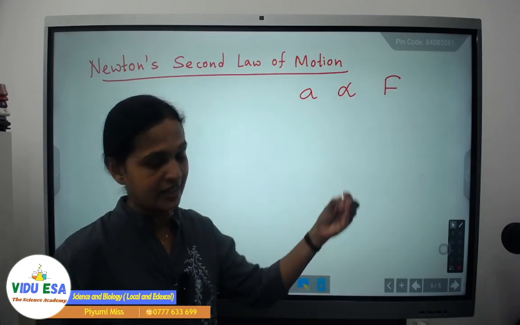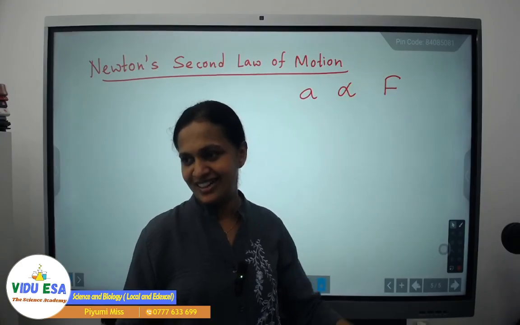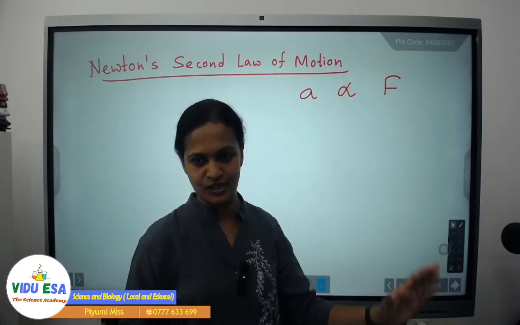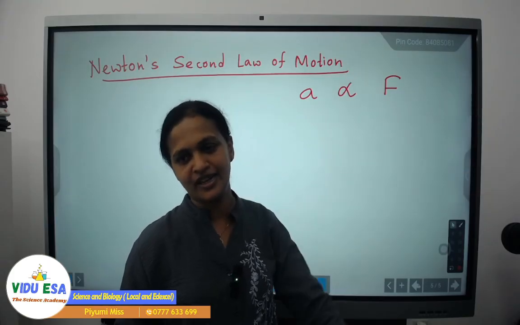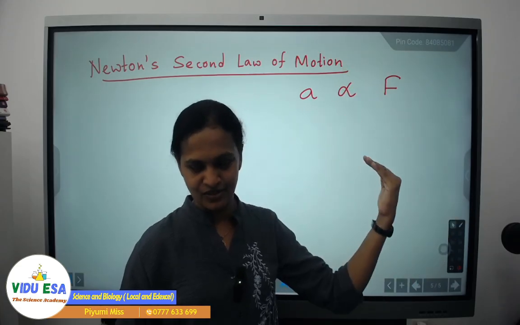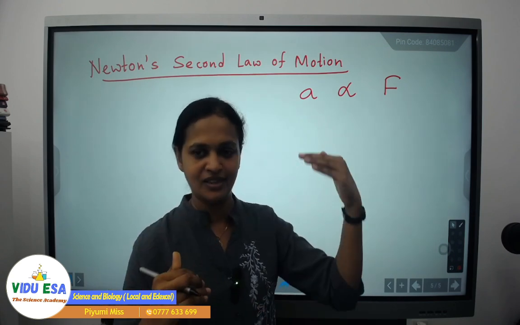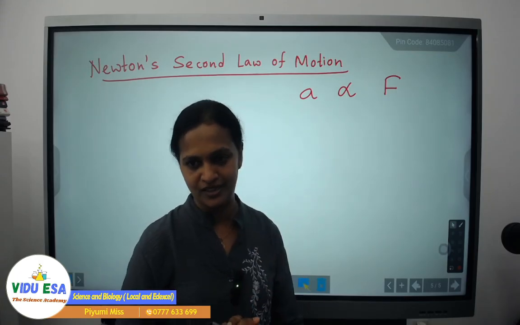This is the proportionality mark. When the force increases, acceleration also increases. If the force reduces, acceleration also reduces. When one increases the other also increases, and when one decreases the other also decreases. That is what we call direct proportionality.